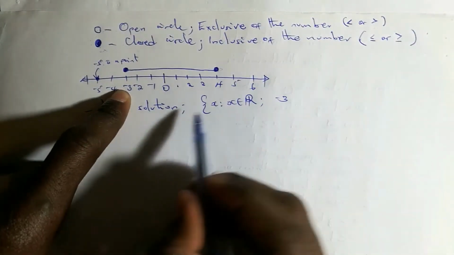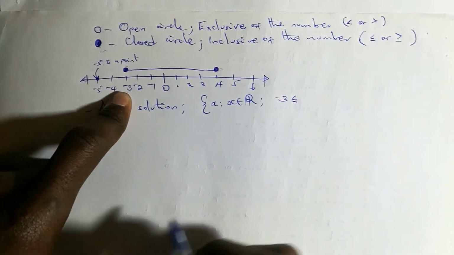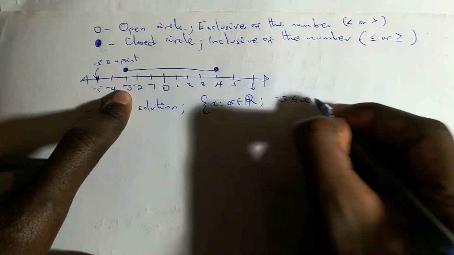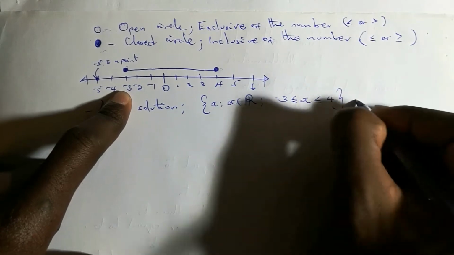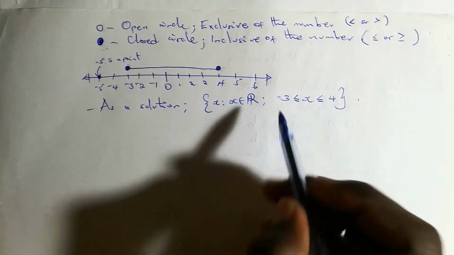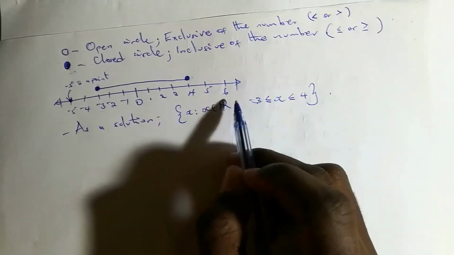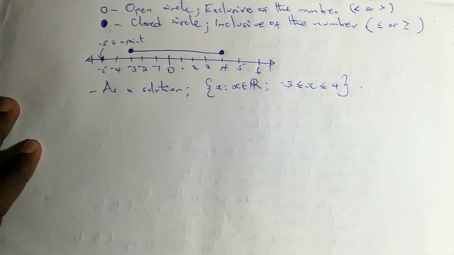And so for this case, since we have a closed circle here, we are going to put that, then our x, then we include that 4, meaning we have a set of numbers from -3 up to 4 for all x being real, or a real set of numbers.